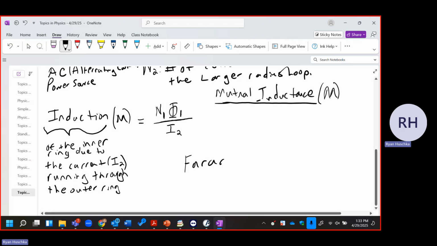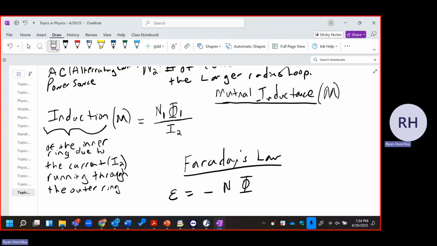If you look at Faraday's law, the EMF was equal to a negative N times, in your algebra-based physics class, a delta, and in calc we replace that with a little d, and instead of a delta t, a little dt.